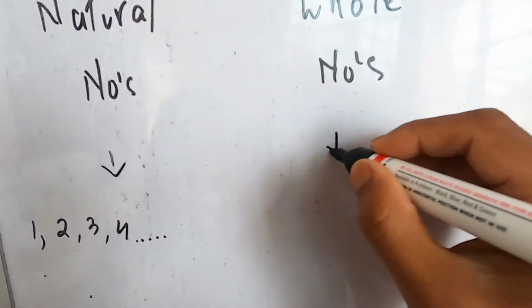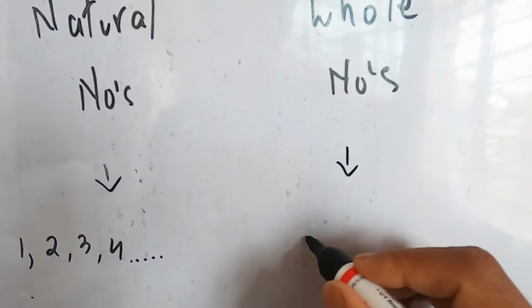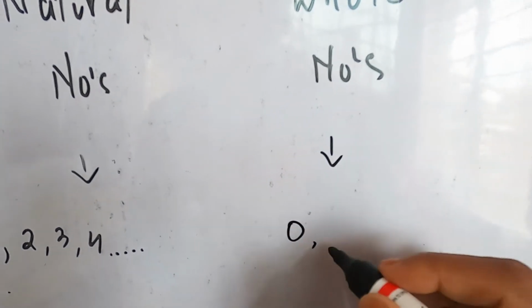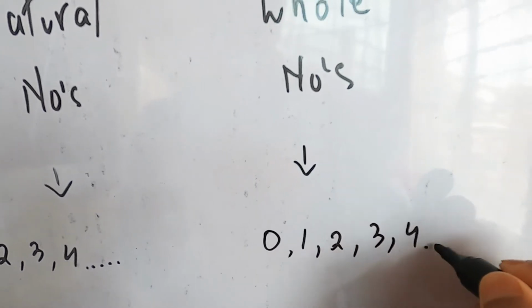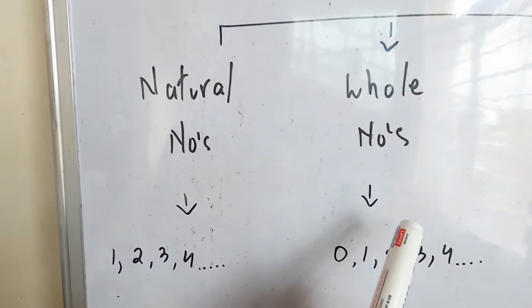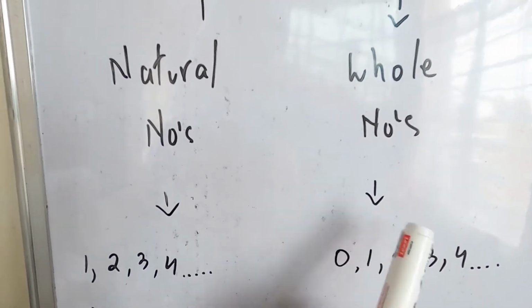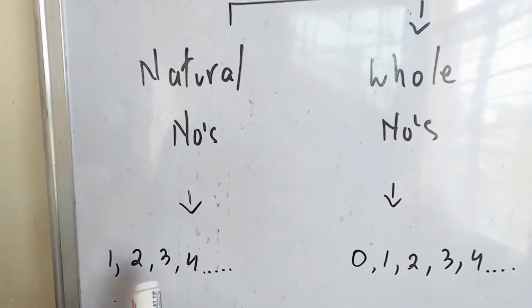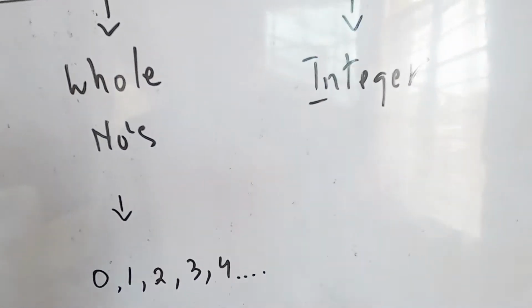Whereas for whole numbers, the number will start with 0 instead of 1. So it will be 0, 1, 2, 3, 4, so on and so forth. Natural numbers and whole numbers are almost exactly the same, but the only difference is that natural number starts with 1 and whole number starts with 0.